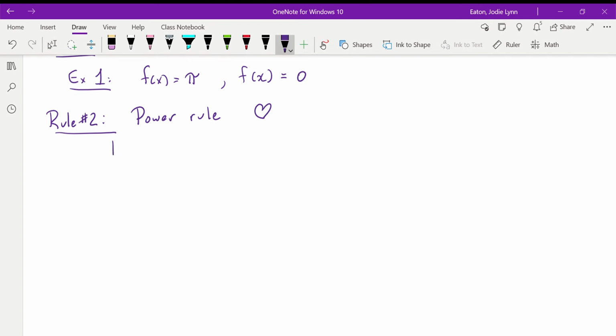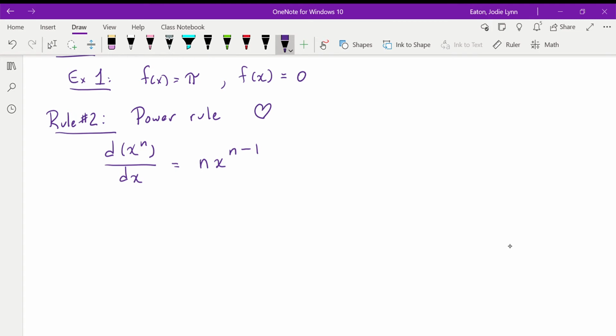So the derivative of x to the n, d/dx, we're using a different notation here just to keep getting used to that, is equal to n x to the power of n minus 1. Now that looks a little bit complicated at first, but let's look at a couple examples just so we can see how simple it actually is.